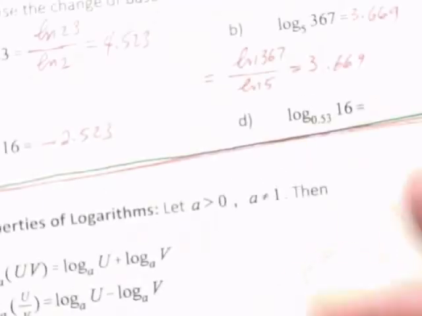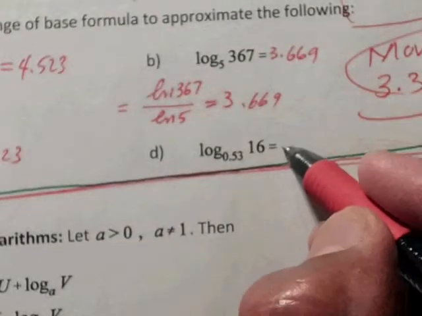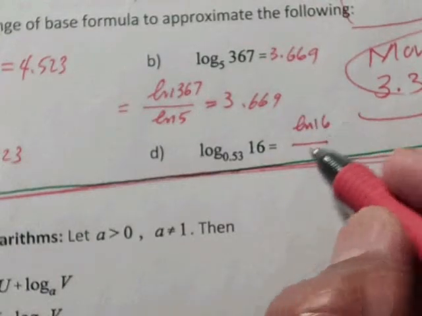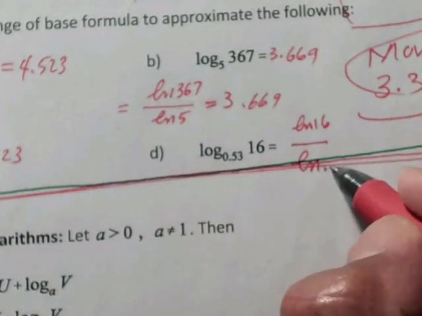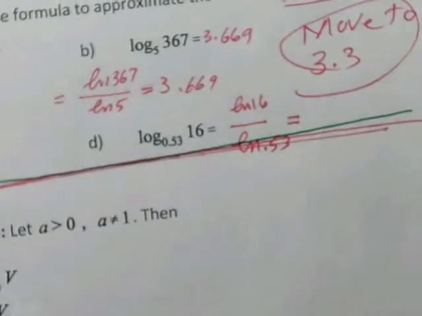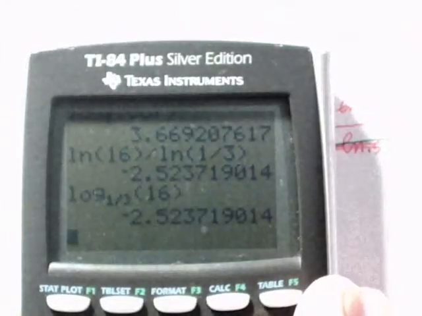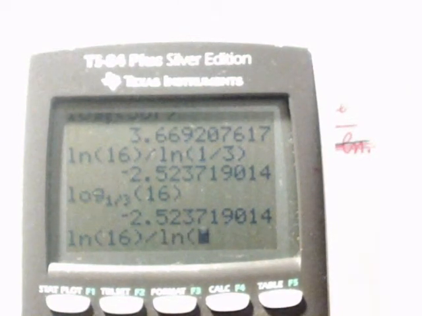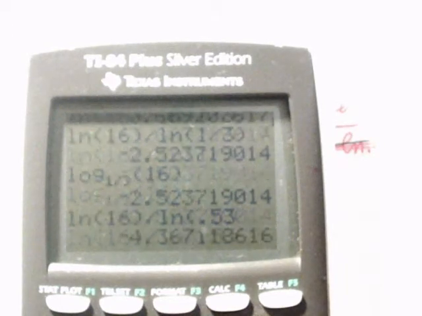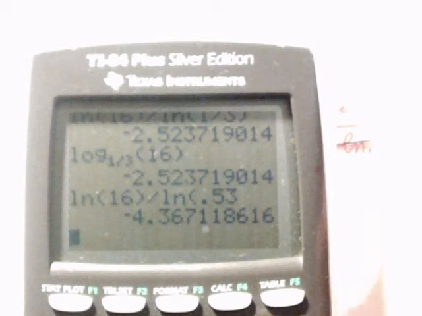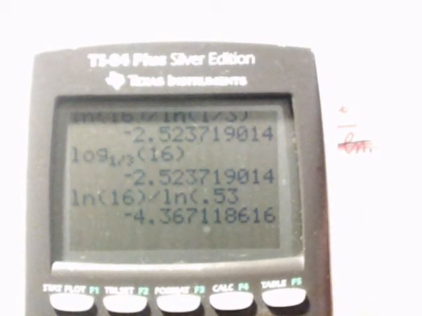And finally, one more. This one is actually ln of 16 divided by ln of 0.53. If I use my calculator, ln of 16 divided by ln of 0.53, I have negative 4.367 by this technique.